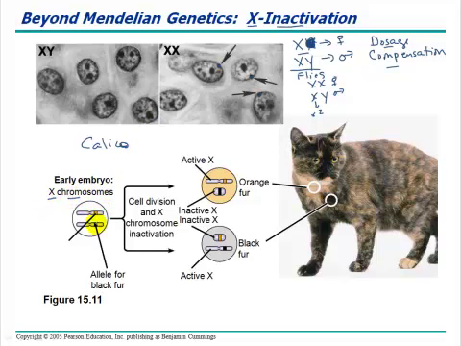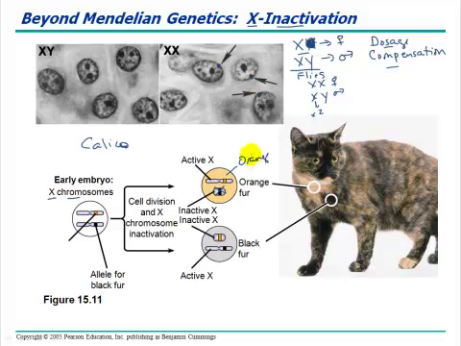One allele confers the ability to make black fur. The other allele confers the ability to make orange fur. Early in development in every cell of the cat's body, if this is a female cat, one of those X's or the other is going to be compacted, condensed, inactivated, and you're only going to see expression of the other allele.